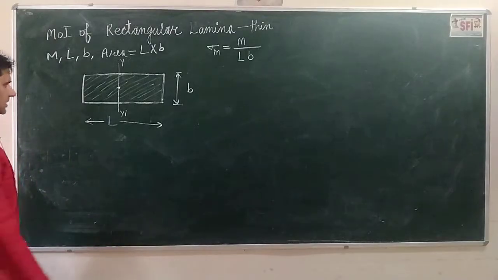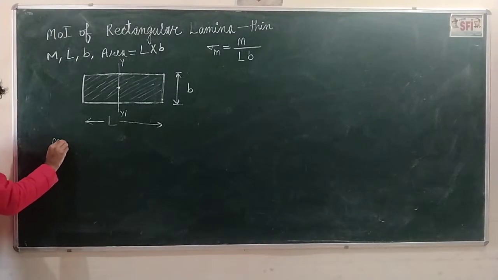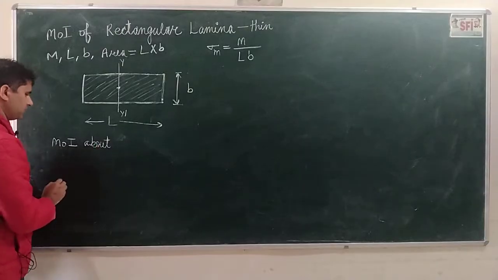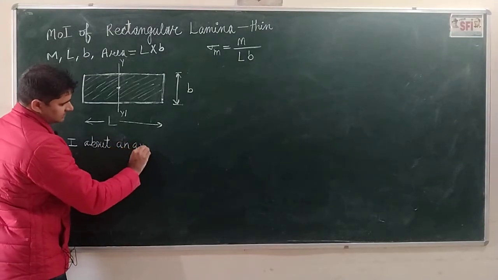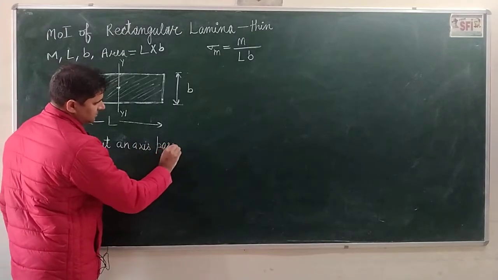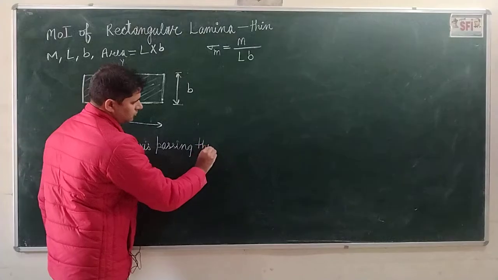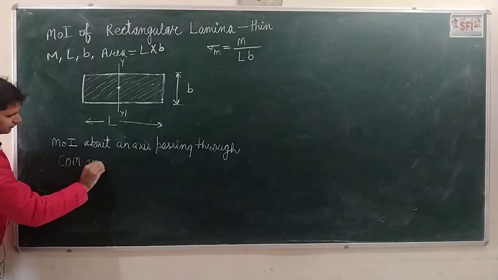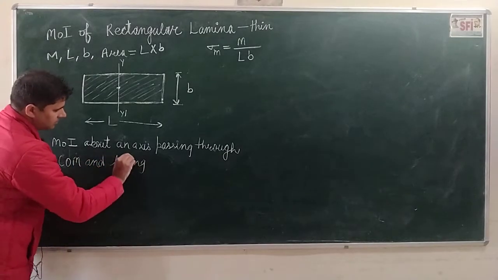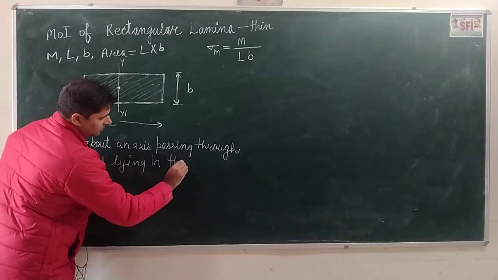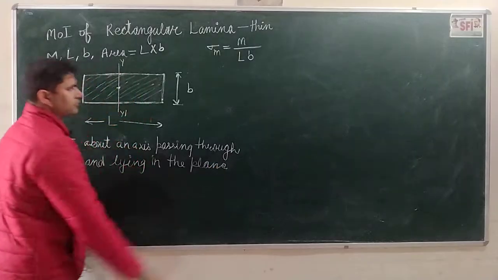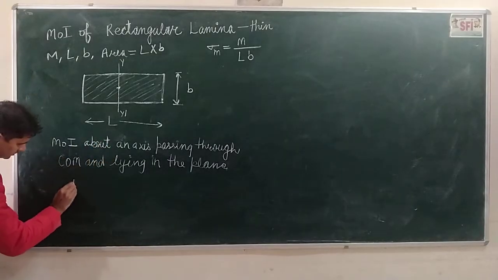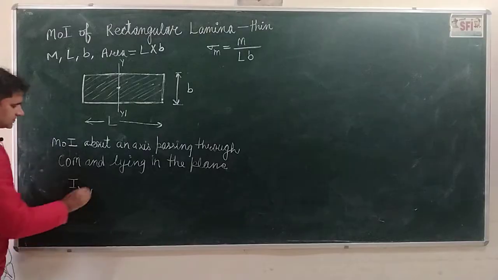If you find the moment of inertia about an axis passing through the center of mass and lying in the plane of the rectangular lamina, or plane of mass distribution, then here that axis is the y axis.